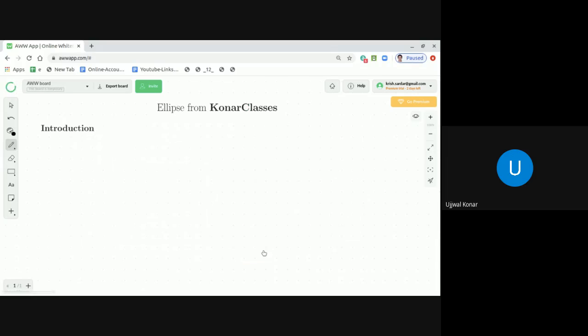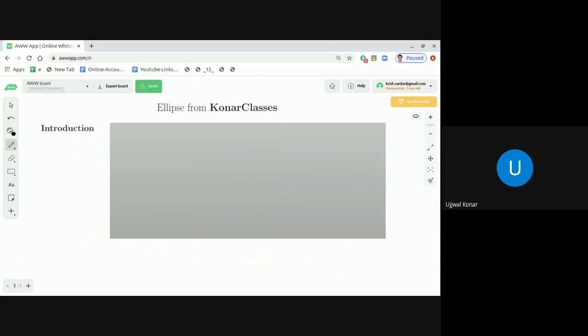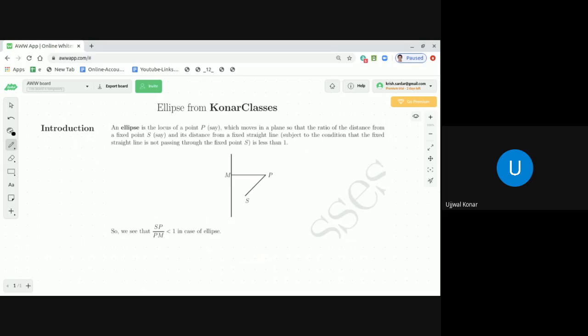As you see here, dear students, the write-up visible in front of you, I read out once more: an ellipse is the locus of a point P. Locus of a point P means what? It is a curve traced out by the point P. Locus is nothing but a curve traced out by a moving point, subject to a geometrical condition.